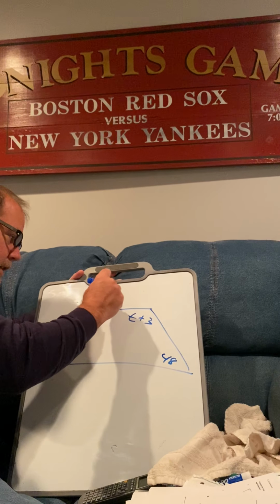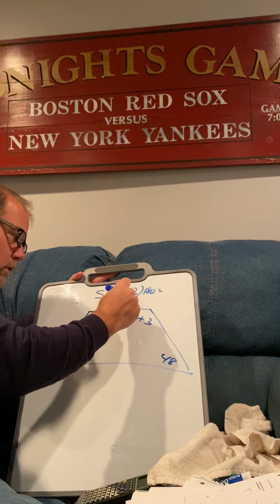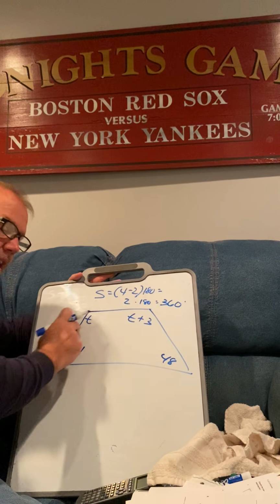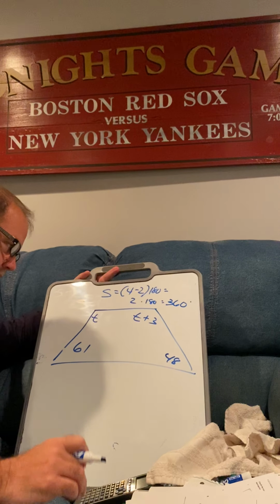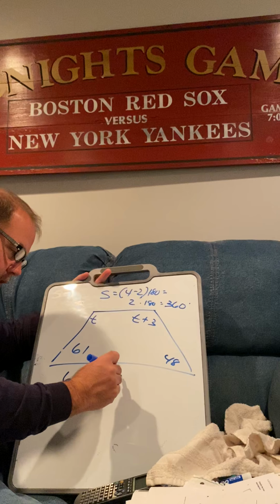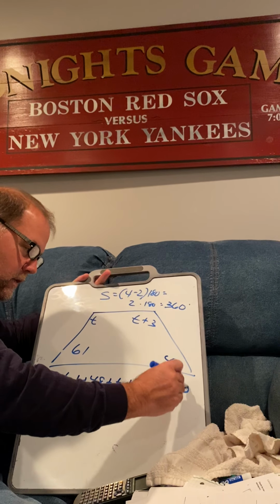Okay, trapezoid, it's got 4 sides. So 2 times 180, we know there's 360 degrees in any four-sided figure. So I'm going to say 61 degrees plus 48 degrees plus t plus 3 equals 360.